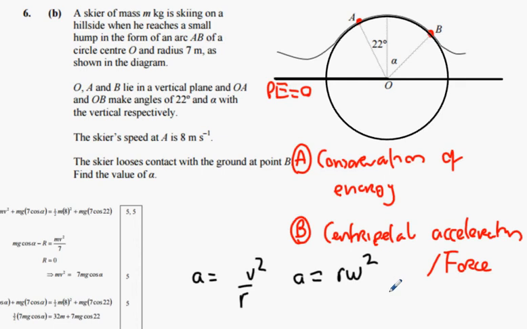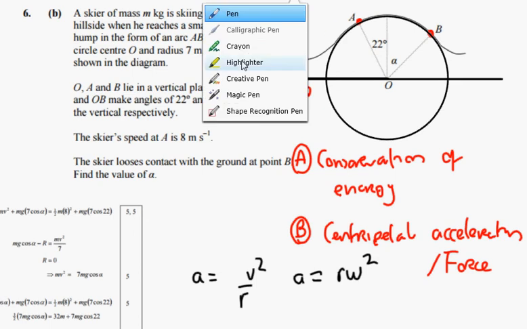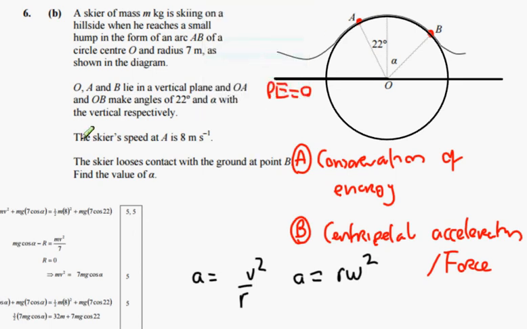Which one would you like to choose, and why? Any keywords lead us to a choice? That's what's leading me to my choice. Speed, not angular velocity. Speed is what they're talking about. That's the currency we're using today. So that means that r omega squared is not a good idea.